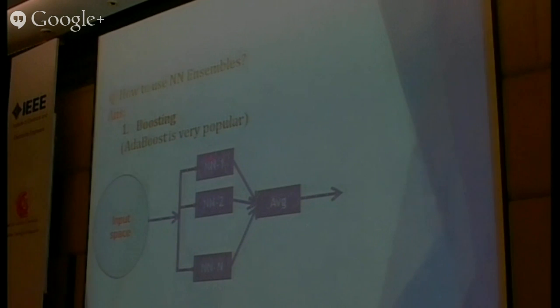So if you use AdaBoost, you train only one neural network, and then look at how much error. And then find out which of the data points is giving the worst performance for this neural network. Train the next neural network using only those data, the ones which the first neural network didn't perform so well on.